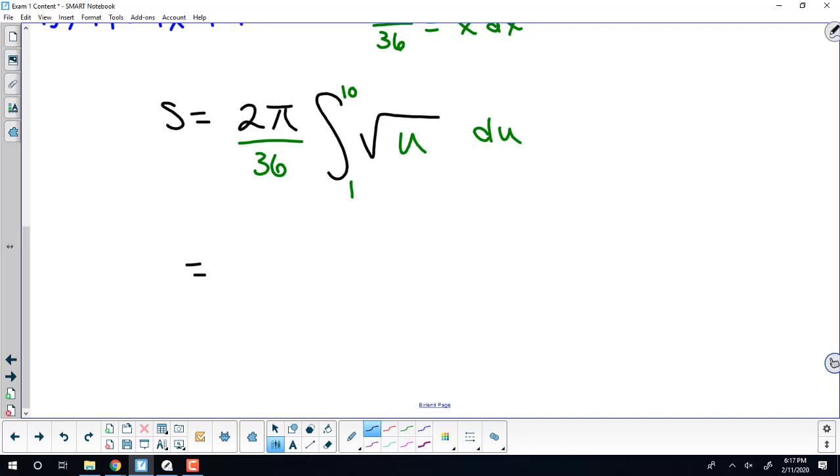So we've got u to the 1/2, u to the 3/2 times 2/3 for our antiderivative, from 1 to 10. We have 18 pi.